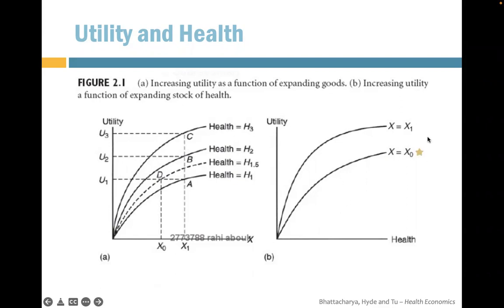This is a line that is increasing. The x-axis is H, health, and the y-axis is utility. This line shows us that utility increases as health increases, and utility increases more slowly as health increases, which we have a term for: marginal utility decreases as health increases.